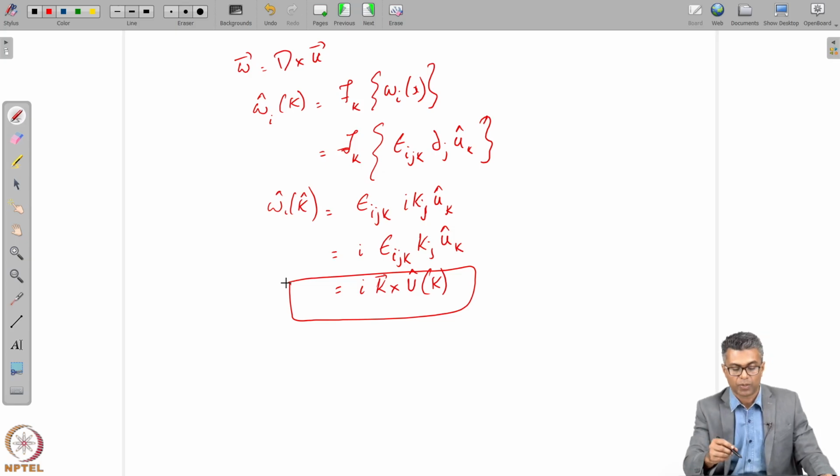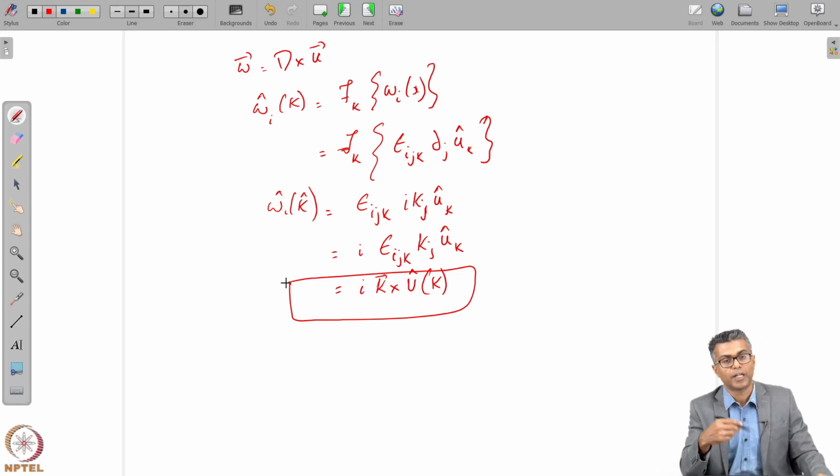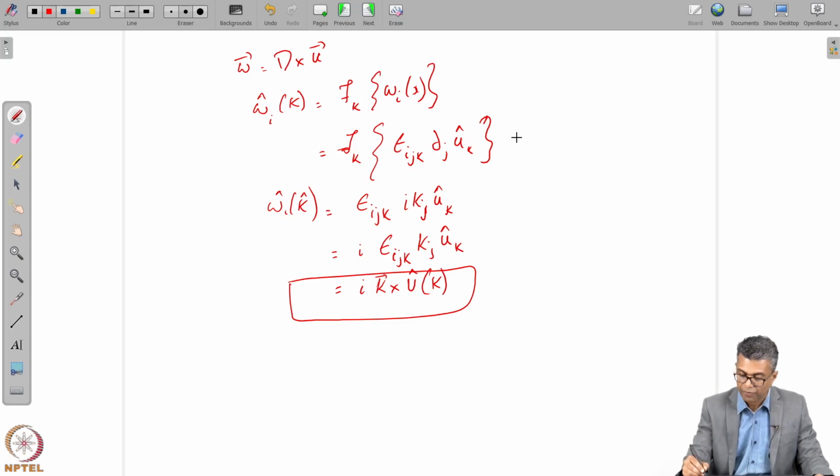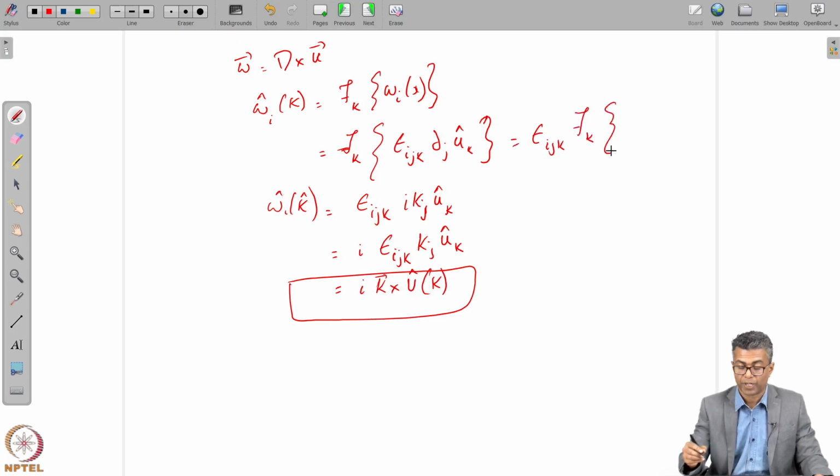All you did was you started with the definition of vorticity, then you took a Fourier transform. And by definition of the vorticity in index notation, you will have the epsilon_ijk, the alternating tensor. Then you have del_j u_k, right? Epsilon_ijk comes out of the Fourier transform. And then you will just have del_j u_k is basically, okay, just so that it's clear, from here I can write one more step, epsilon_ijk times the Fourier transform of, okay, I should point out that del_j u_k, I'm using a notation for the derivative here.